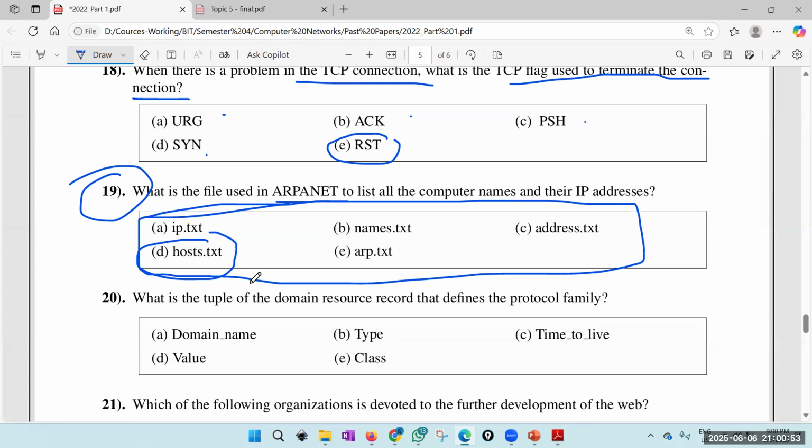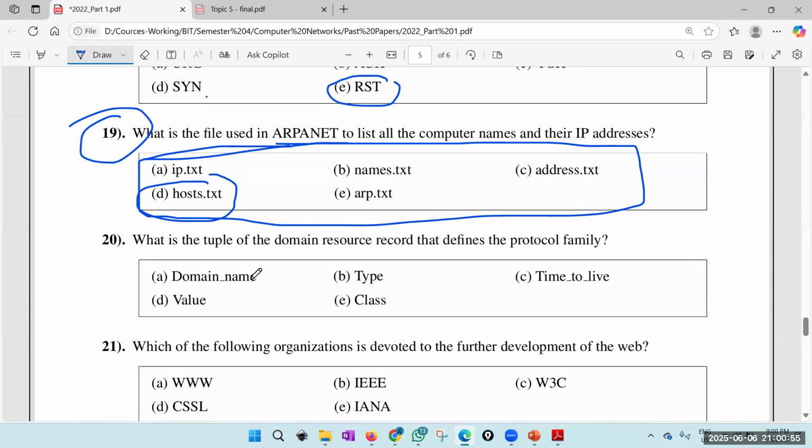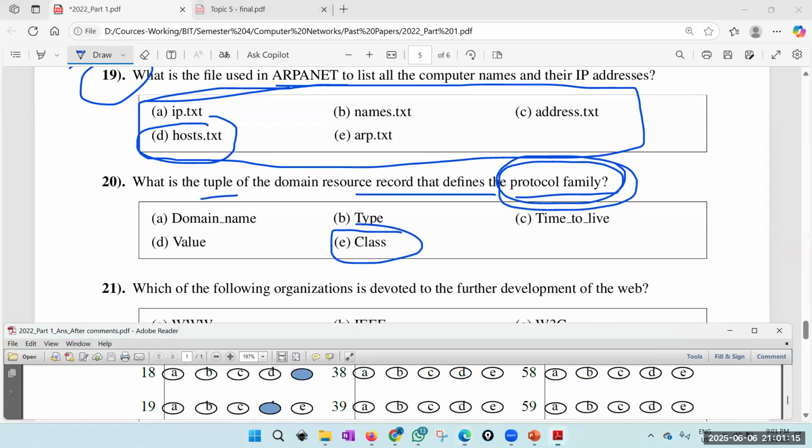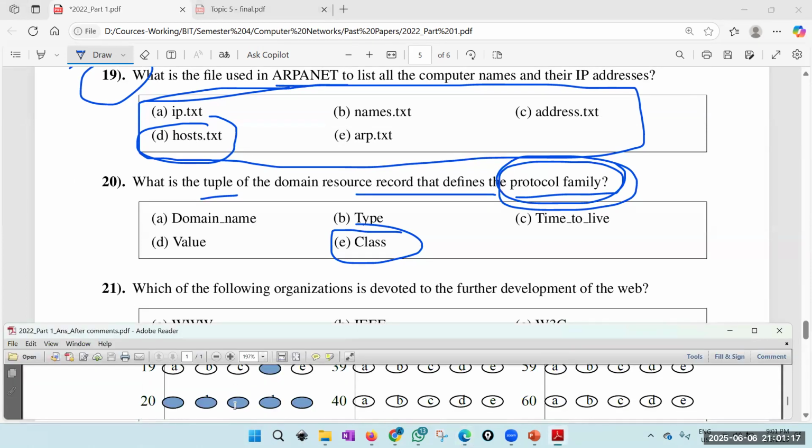Right. 20. What is the tuple of the domain resource record that defines a protocol family? Protocol families are defined by classes. We discussed DNS records. Protocol families are defined by classes. Right, 20, E. The examiner has given marks to all.